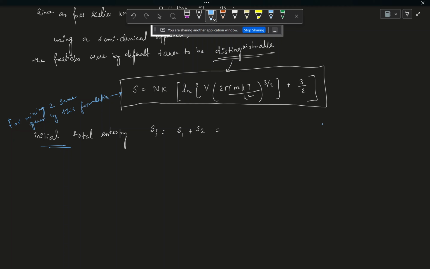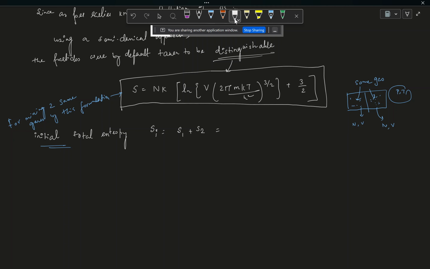So for simplicity we consider both gas compartments to contain the same gas, with the same number of moles and volume. So n and V are the same, and pressure and temperature are already the same, right?